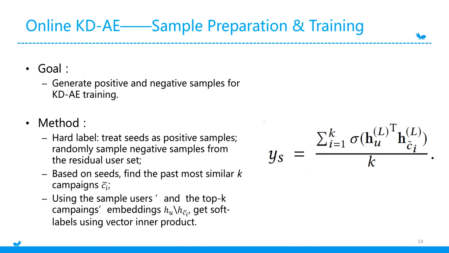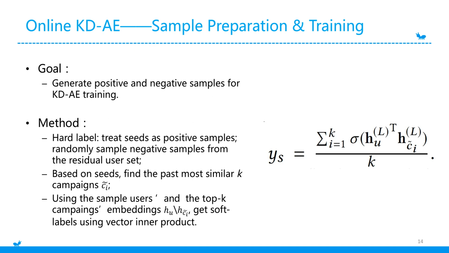We cluster the seed users into K clusters. We denote the centroid of each cluster as H of C_i. We use those centroids as the top K most similar historical campaigns to this brand new campaign. Then we can calculate the soft labels as in the equation on the right.